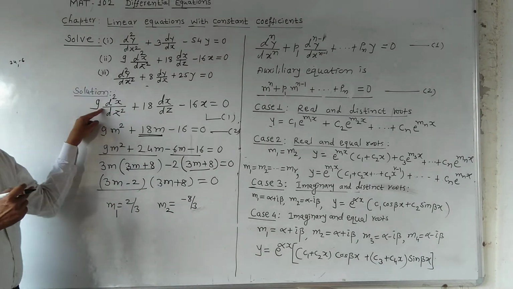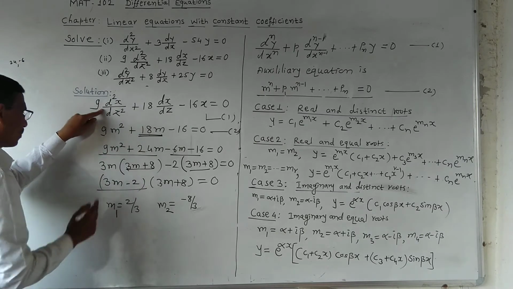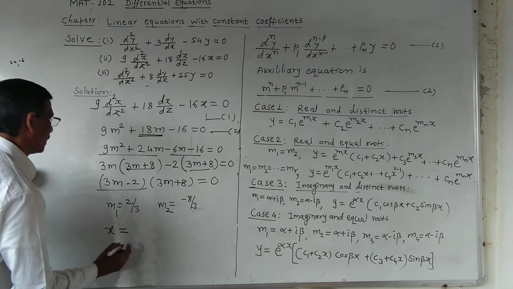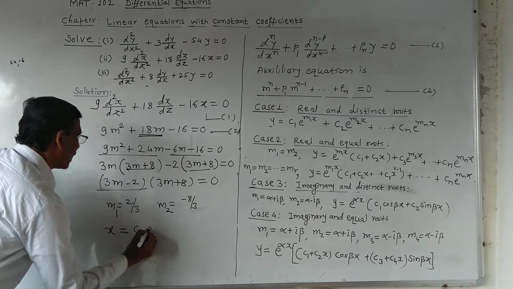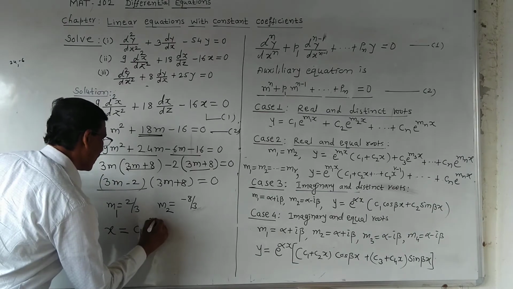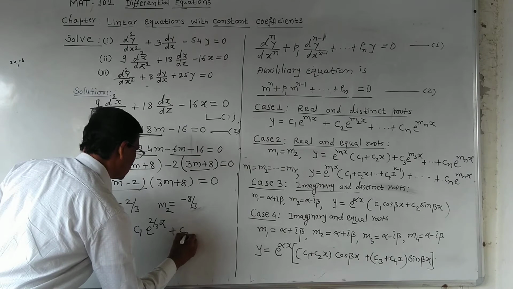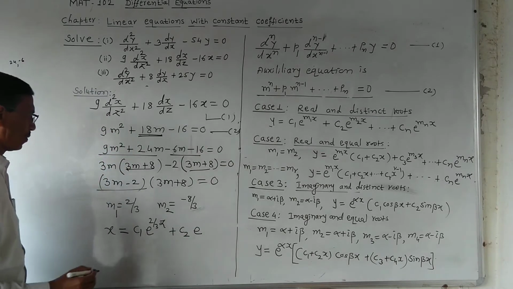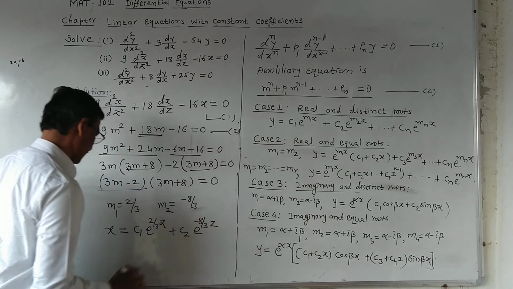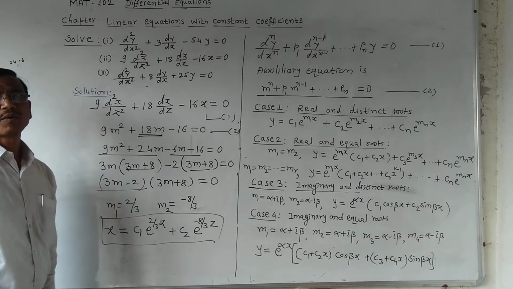But in our problem the equation is in x and z, therefore we have to consider x is equals to c1 e raised to m1 z. m1 means 2 by 3 z plus c2 e raised to m2 z, minus 8 by 3 z. This is the solution of our second problem.